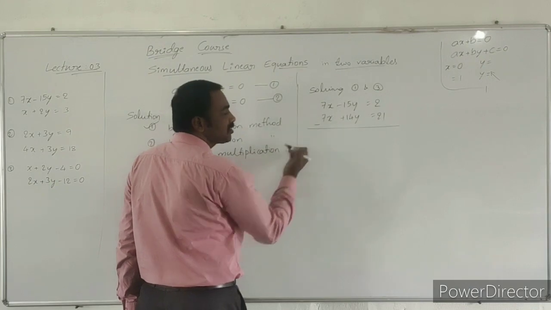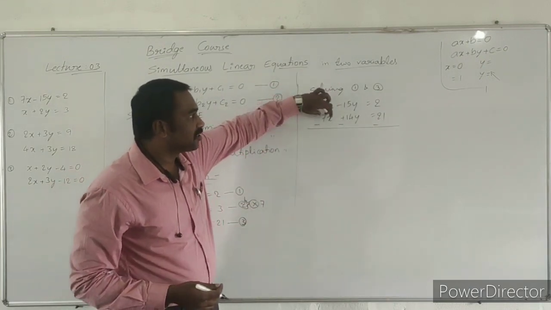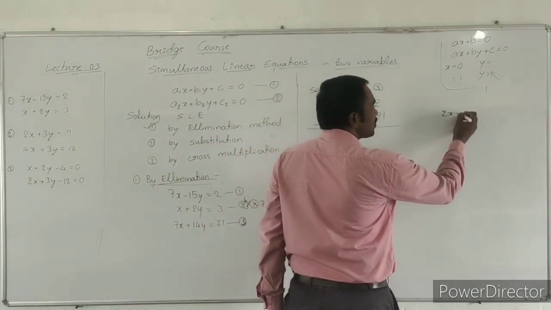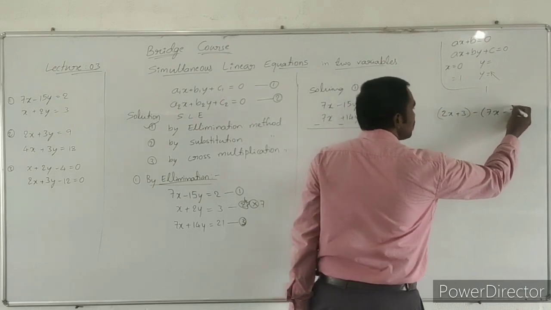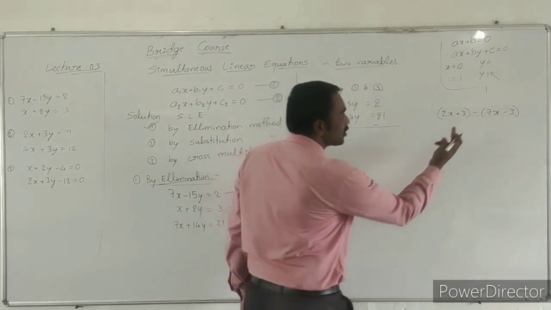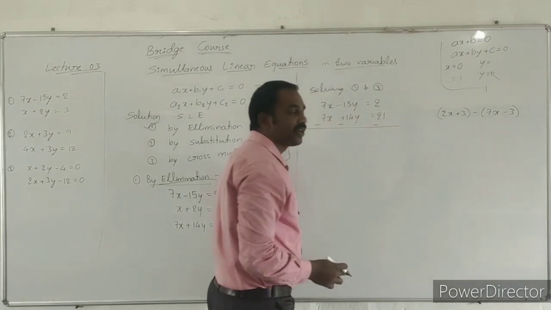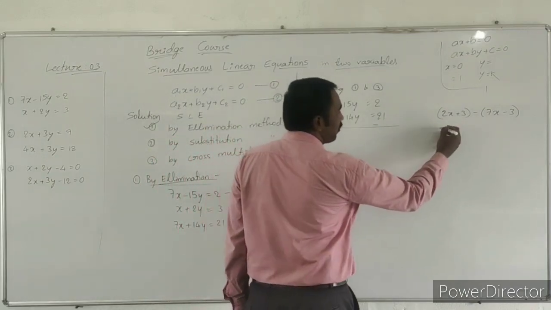Subtraction means change the sign, because this quantity minus this quantity. Suppose 2x plus 3 minus of 7x minus 3, in this manner. So minus into the bracket means minus into each and every term of the whole bracket.